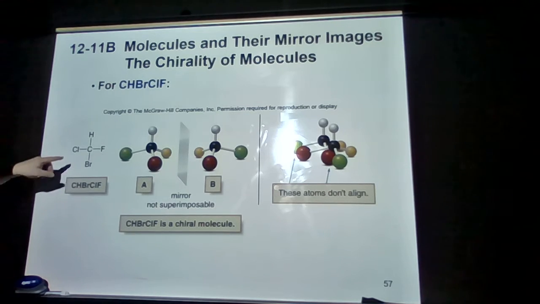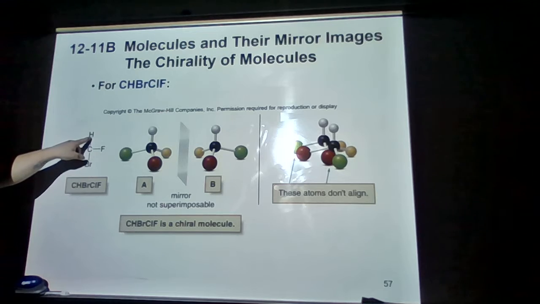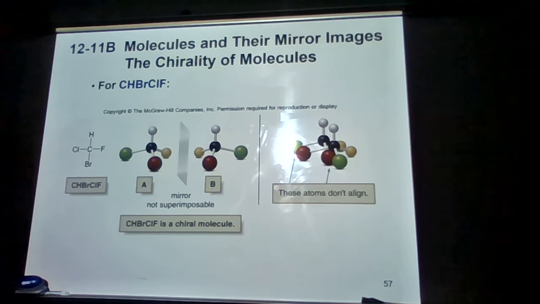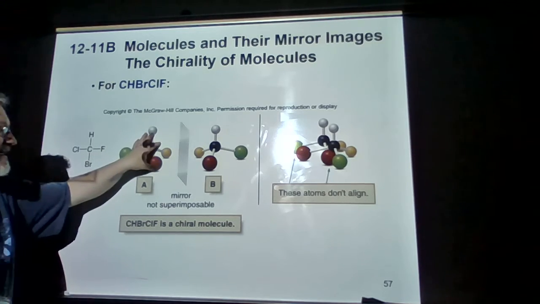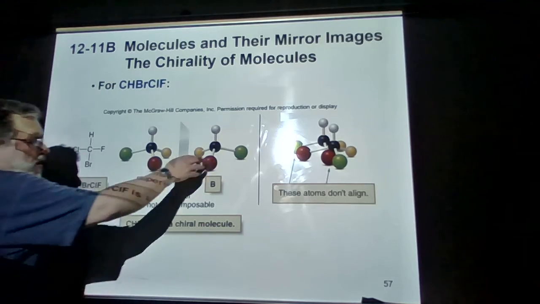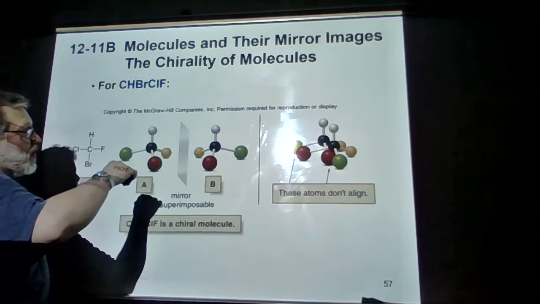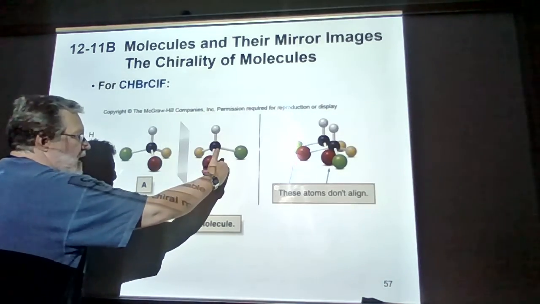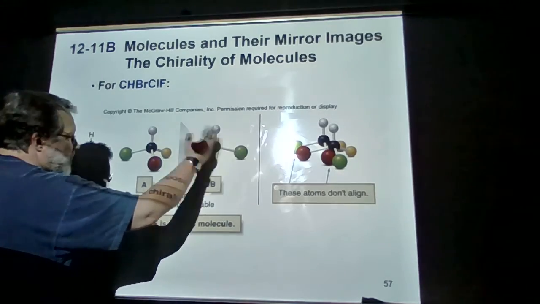If we take the molecule bromo, chloro, fluoro, methane, CHClBrF, we make that molecule and we make its mirror image. These are mirror images of one another, but there is no way that we can rotate either one, top to bottom, side to side, front to back.